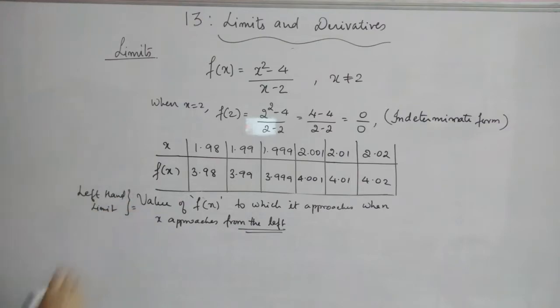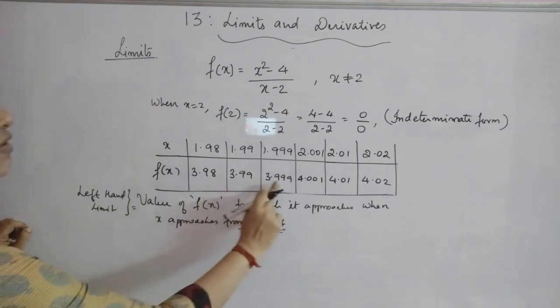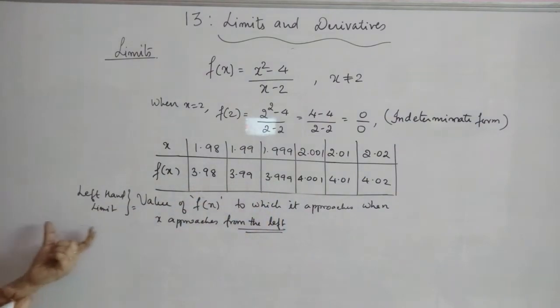So what do you mean by left hand limit? It is the value of the function to which it approaches when x approaches from the left side. That means the function value is approaching to 4. So that is the left hand limit.